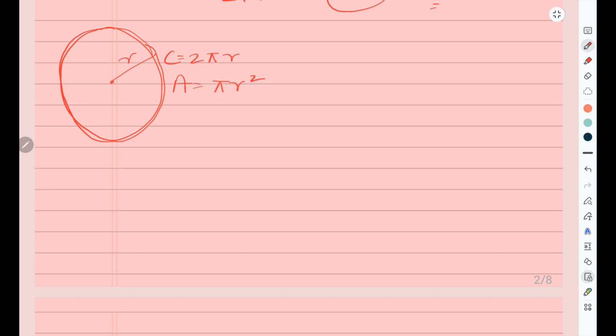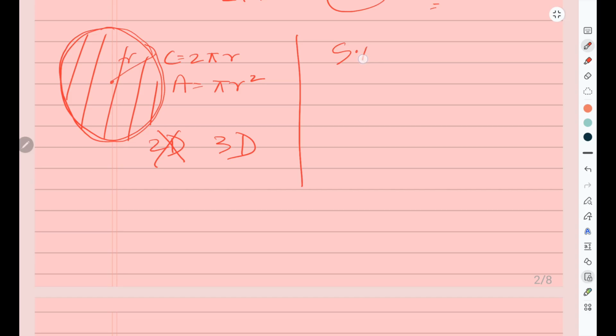You know that, okay? But now we are saying it's a sphere. So it's a three-dimensional shape, not two-dimensional. So in that case, it will have a surface area and volume, okay?